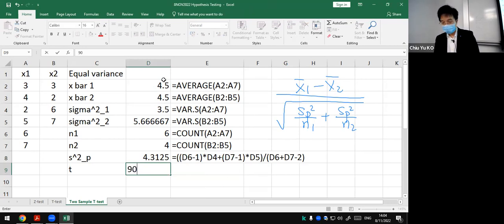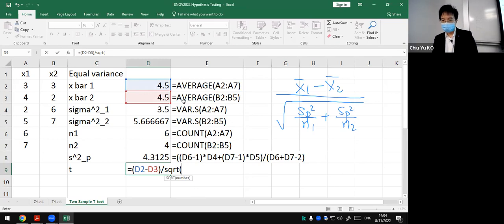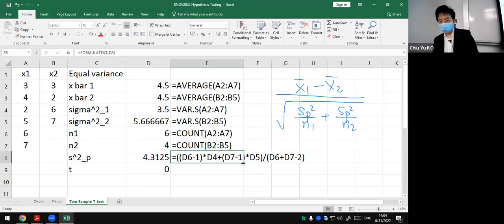You don't need to calculate. But anyway, let's do it in case it's different, right? So we have this minus this guy, okay? And divided by square root of SP2 over N1 plus SP2 over N2, okay? So this is the T-stat, okay?